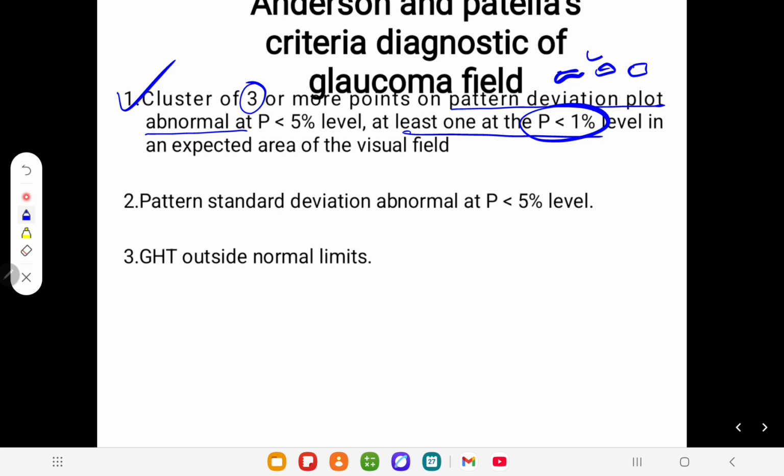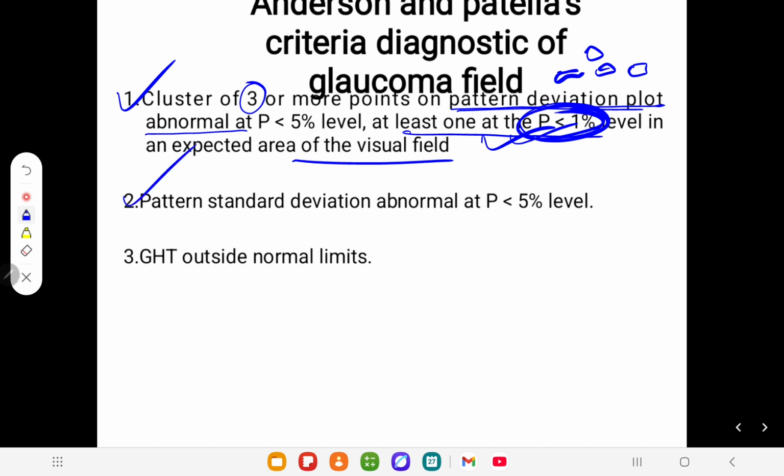Three must be in the cluster, and out of three, one must be at least less than 1 percent. So expected in the visual field, we have to look at the pattern deviation plot, and out of three minimum, at least one has to have a p value less than 5.